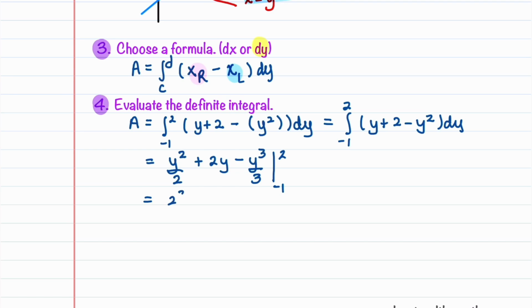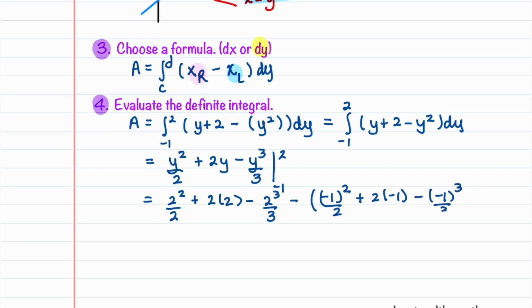So we have 2 squared over 2 plus 2 times 2 minus 2 cubed over 3, minus y evaluated at -1. So we have (-1) squared over 2 plus 2 times -1 minus (-1) cubed over 3.